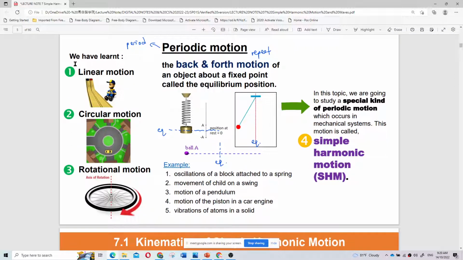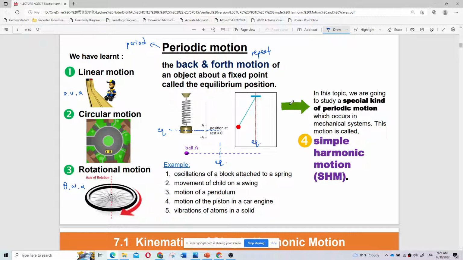Before this we have learned about linear motion, and then we also learned about circular motion. We also learned about rotational motion. We already learned how to find their displacement, velocity, acceleration. Even for rotational motion we learned about theta, omega, alpha, isn't it?